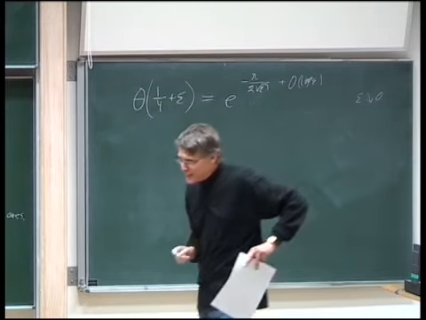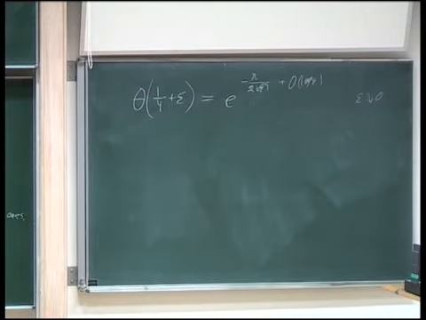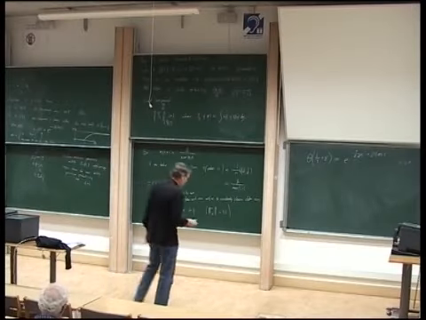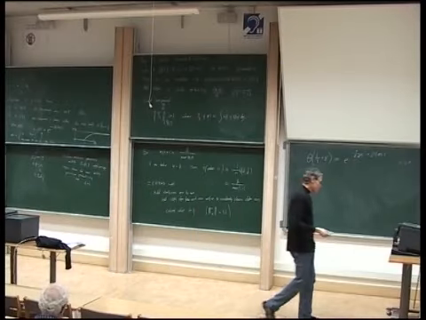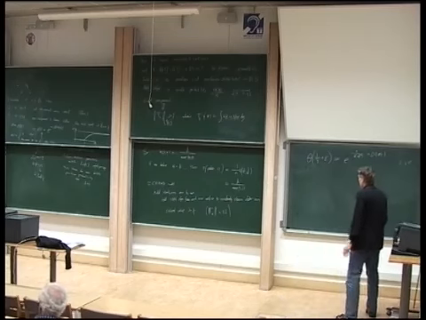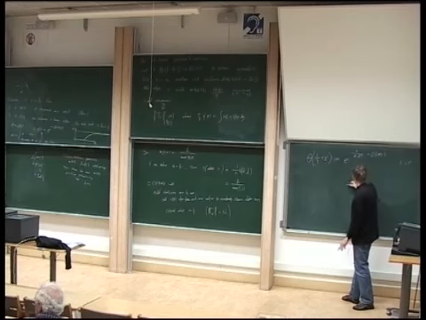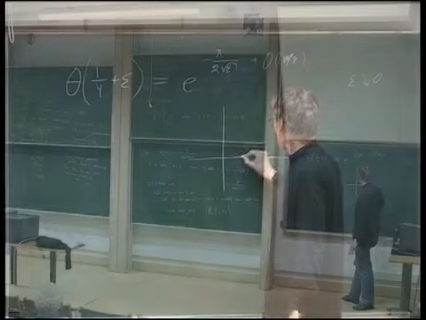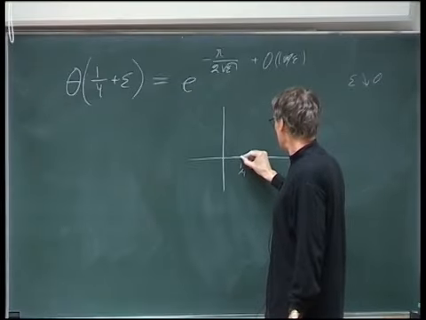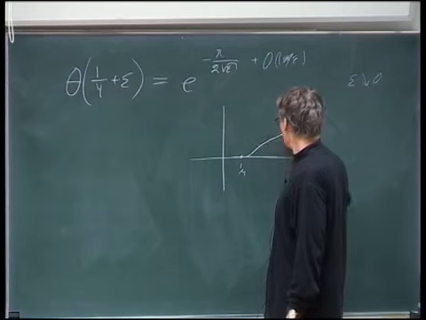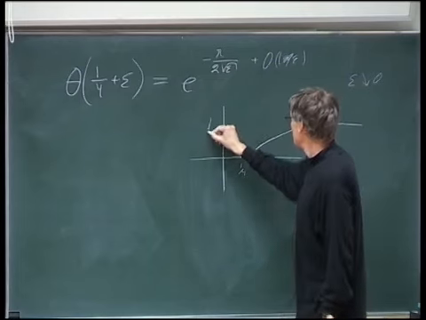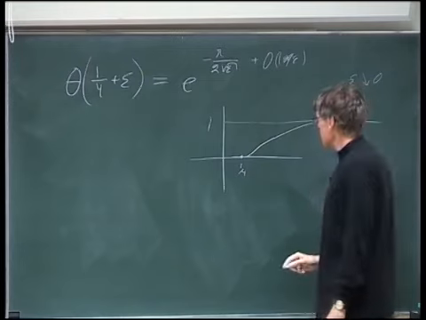Now I must admit there is a minor technical gap here which no one has, I think, even tried to fill in. So this is of course asymptotic. We have some error terms here. So I know that in this case theta looks like this. Here we have 1/4, and then it grows extremely slowly, so it's smooth. And then at the end it has to be asymptotic to 1 in any case.